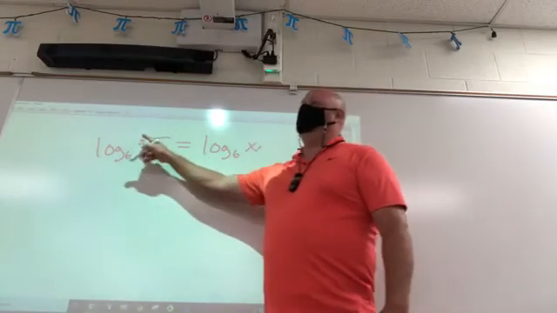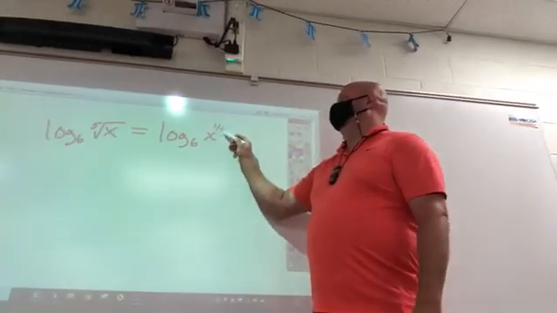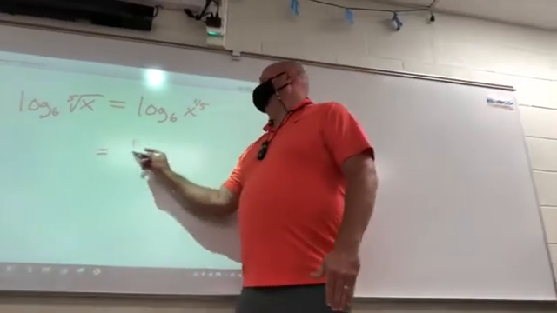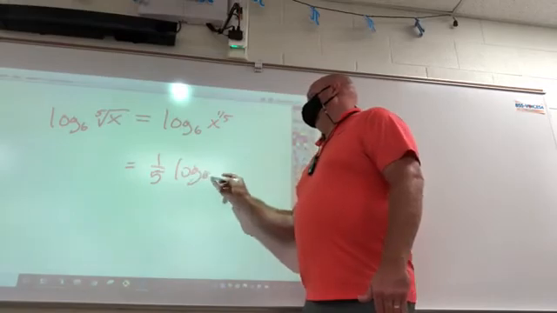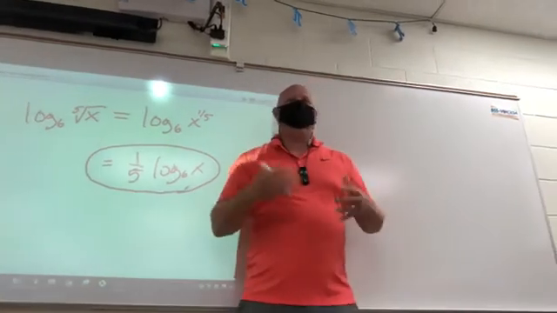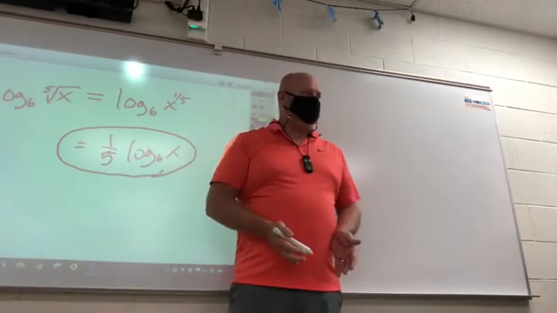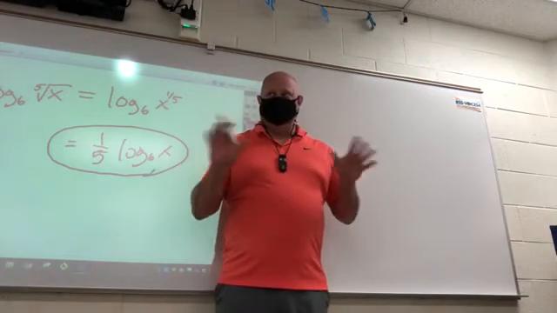The 5th root of x is the same thing as x to the 1/5. What do we do with exponents? You just bring that 1/5 out in front, and it would just be 1/5 log base 6 of x. So if you see radicals, don't freak out. They're just fractional exponents. Yes? Easy?